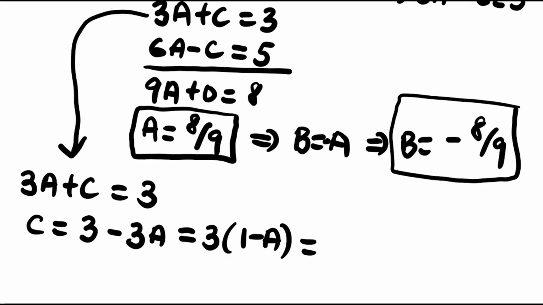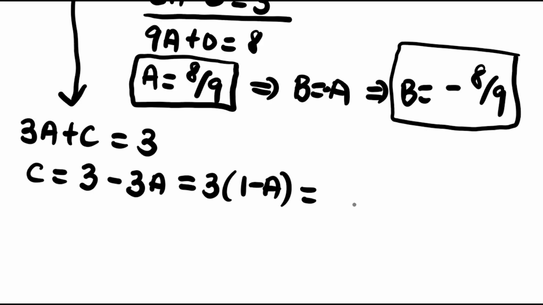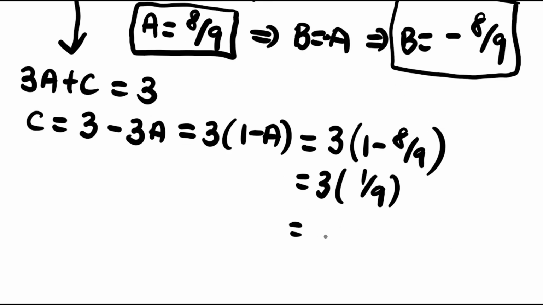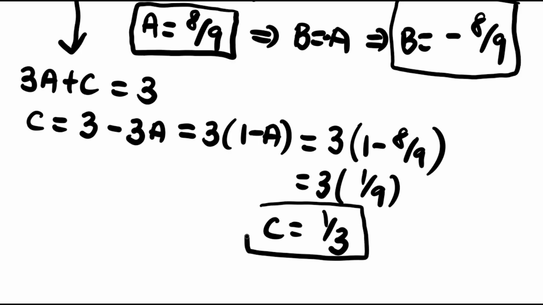Over here we don't do anything, we just solve the math. So I have 3 into bracket 1 minus 8 over 9, because the value of a is 8 over 9. Then we have 3 into bracket 9 minus 1, that will be 1 over 9, right? So that 1 over 9 will multiply this, then we have 1 over 3. So the value of c is equal to 1 over 3.